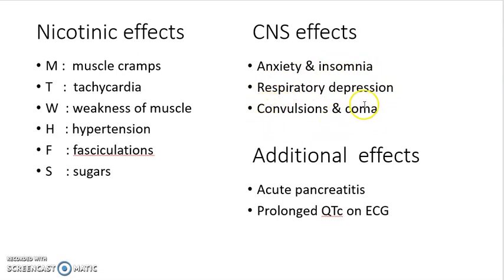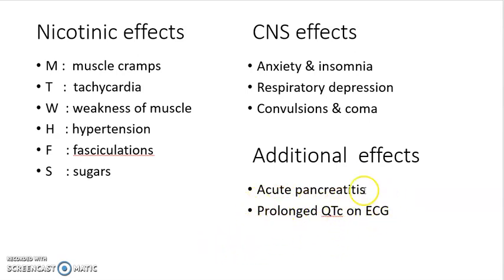convulsions, and also coma. Additional effects include acute pancreatitis, inflammation of your pancreas, which is an important organ that releases amylase that helps in your digestion, and it might also cause prolonged QTc on the ECG.